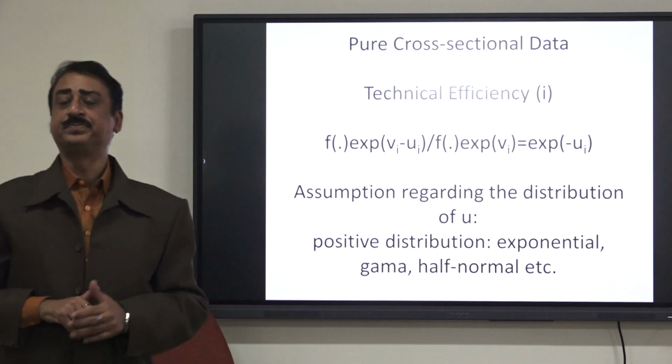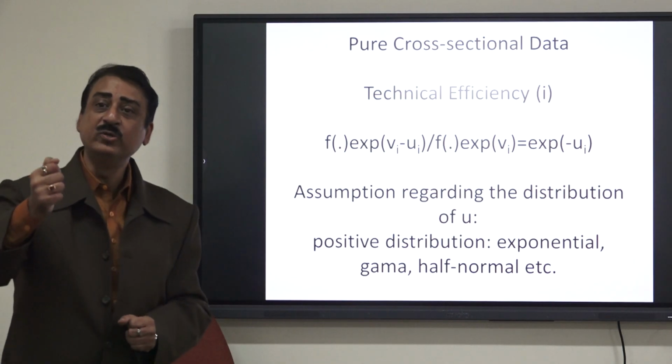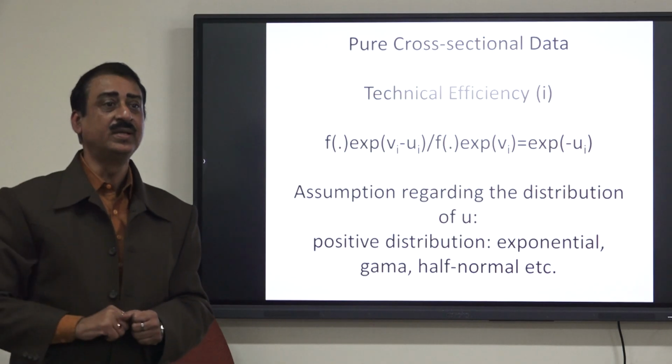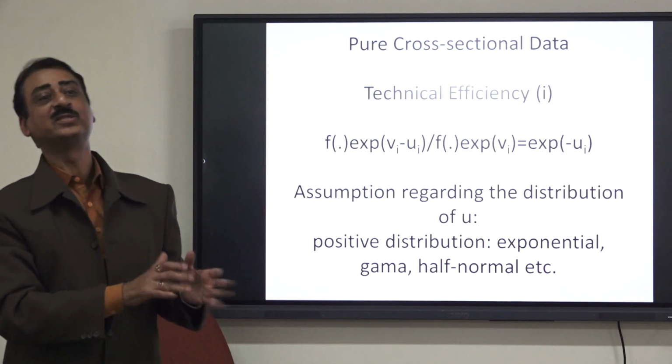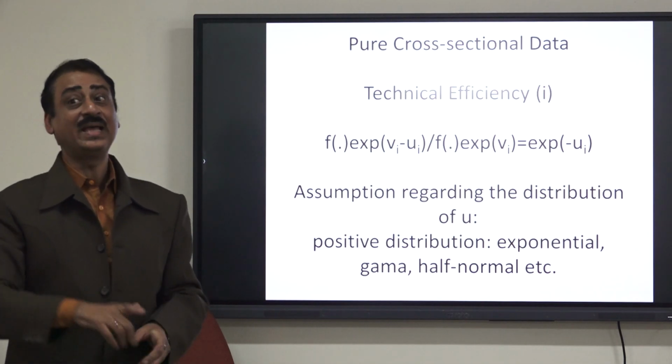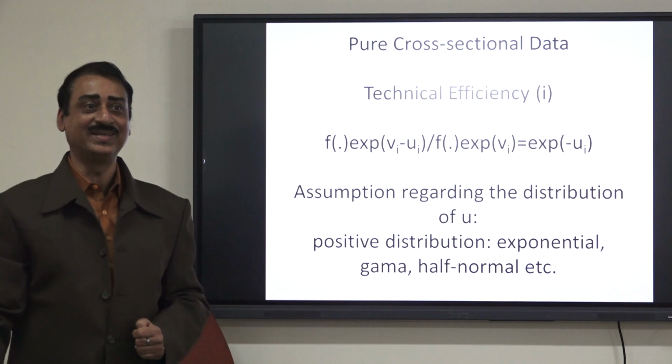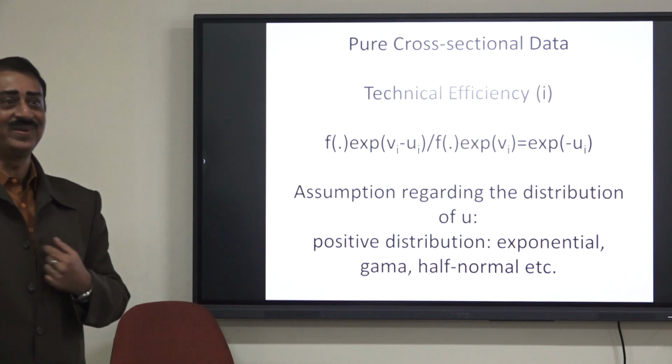The problem is, if you are saying U follows a half normal distribution and I say U follows an exponential distribution, then the efficiency that you have calculated and the efficiency that I have calculated can be different.